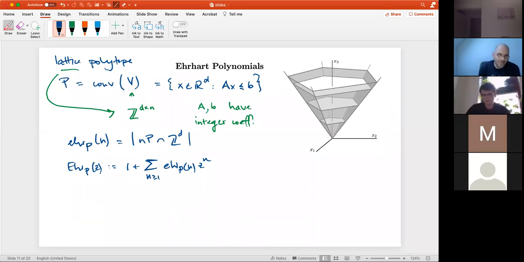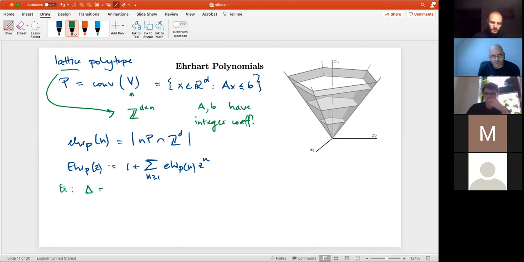And so maybe we'll do a running example. This is actually on the exercise sheet, so I'm not going to give proofs, but you can think about that. The simplest possible lattice polytope is what's called a unimodular simplex.